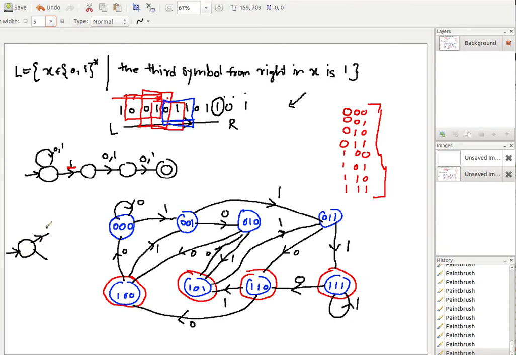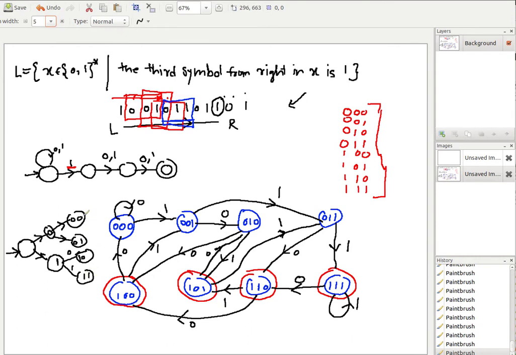At 0 you went to 0, at 1 you went to a state 1, at another 0 you went to 00, at 1 you went to 01, and likewise for 0 and 1 you went to 10, and here you go to 11.